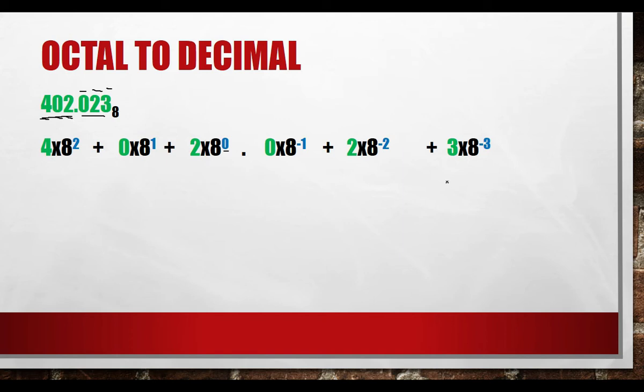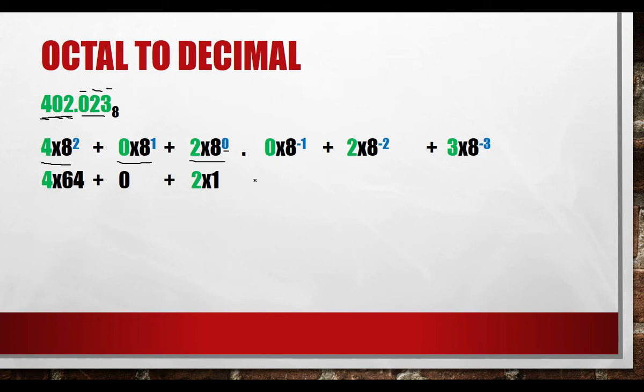And then let's start simplifying this. Let's begin with the first digit, 2 times 8 raised to 0. This becomes 2 times 1, plus 0, because any number multiplied by 0 is always 0, plus 4 times 8 raised to 2. This becomes 4 times 64, because 8 times 8 gives us 64.